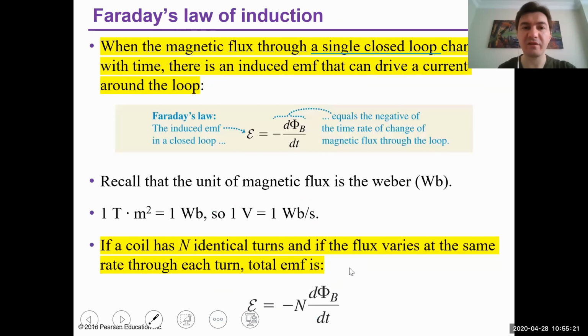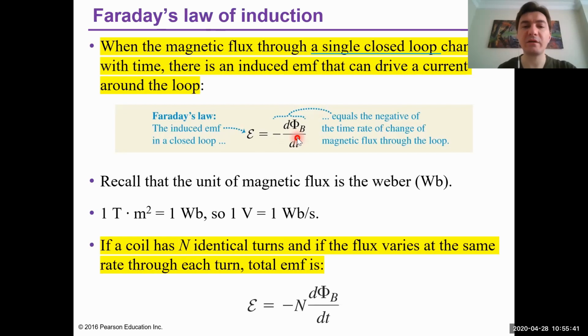So which is given by that expression, induced EMF in a closed loop is given by epsilon, which is equal to minus the time rate of change of magnetic flux through the loop. So magnetic flux changes.